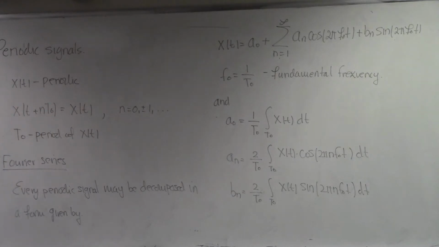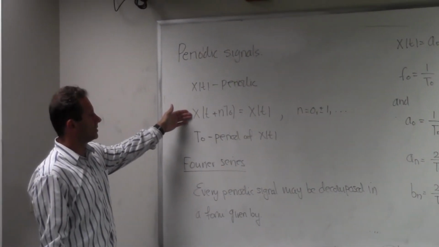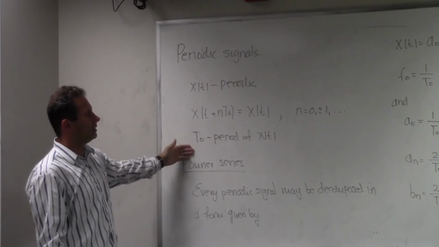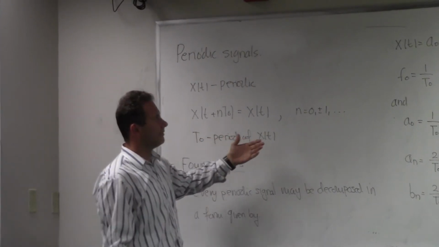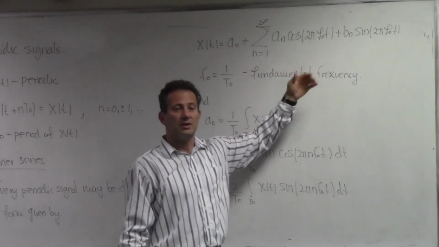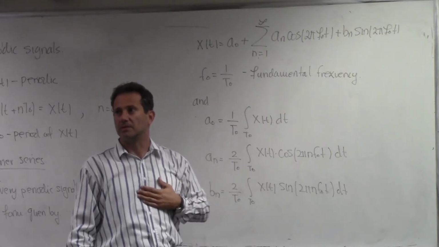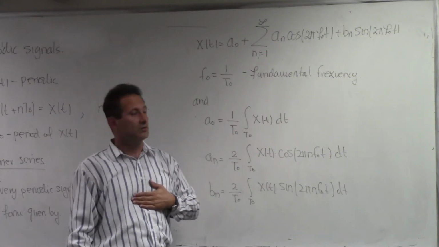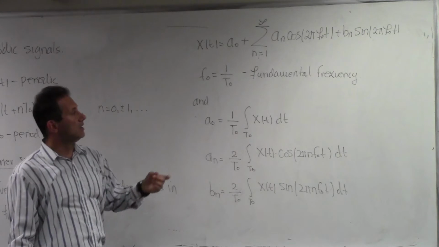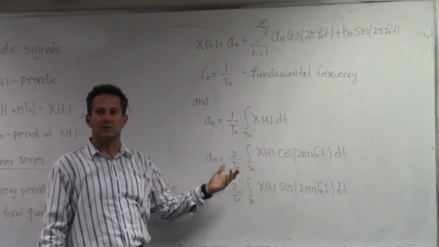So the statement of the Fourier series says, if I have a periodic waveform x of t, then I should see this periodic waveform as nothing but a series of sinusoidals that are arranged in a particular way to build this waveform. What is really remarkable here is that these sinusoidals have really distinct frequencies.